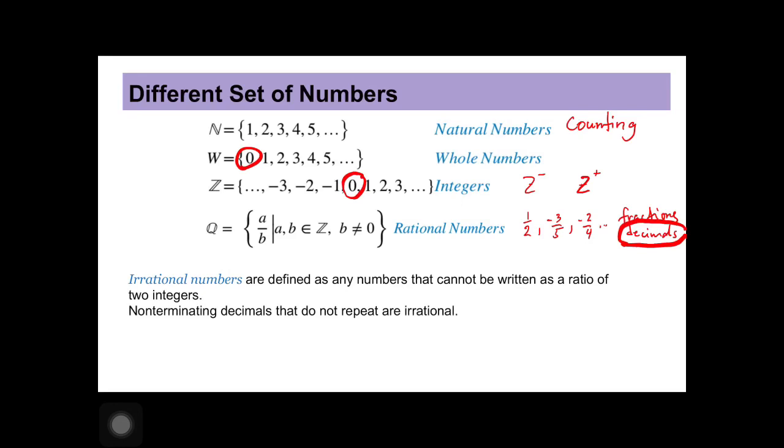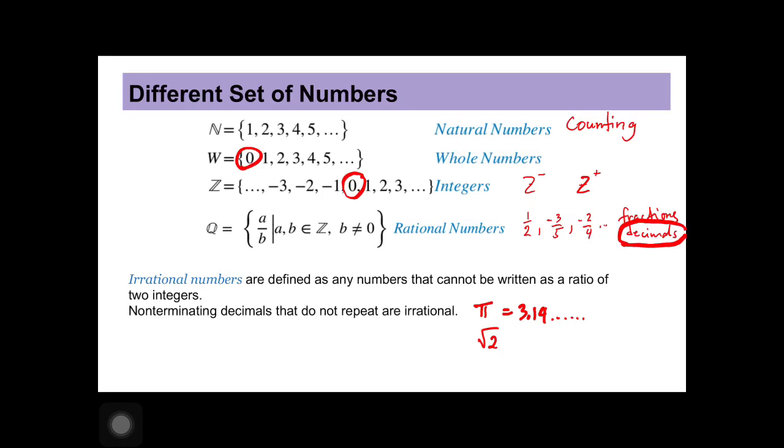So what are the examples of irrational numbers? We have pi. Pi is an irrational number. Pi is equal to 3.14 and so on. You don't know when it will stop. And then we also have square root of 2. Square root of 2, we don't know where to stop. So that is an irrational number. Why? Because this one will give you an answer of a decimal number that is non-terminating.